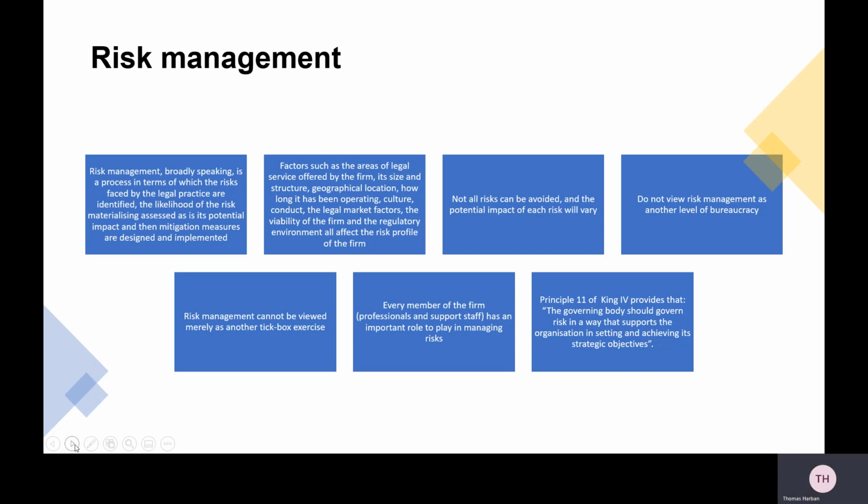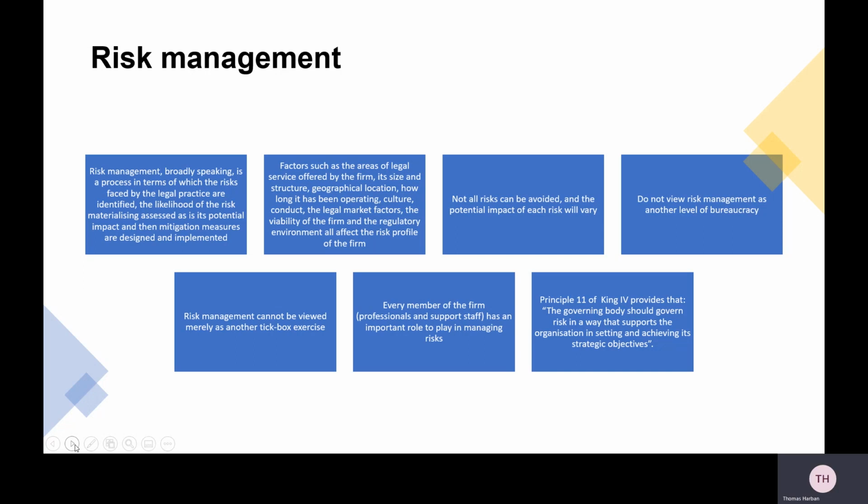Not all risks can be avoided, and the potential impact of each risk will vary. The point of this course and other risk management courses is to teach us how to deal with those risks.